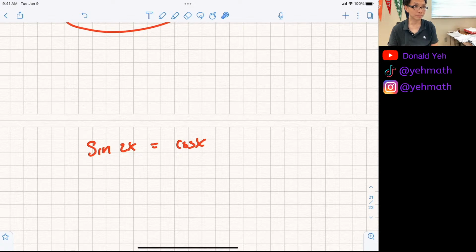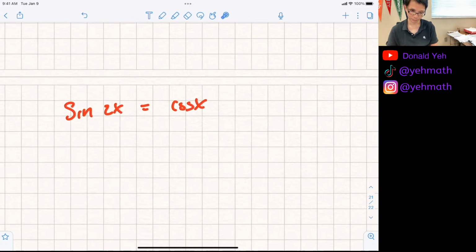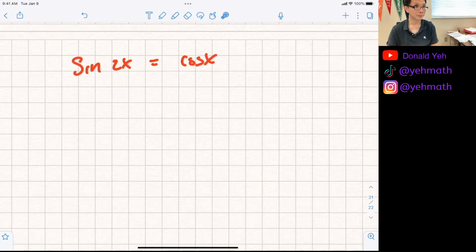So I can subtract cosine of x, right? I can move it to the other side, and what do I do after that?